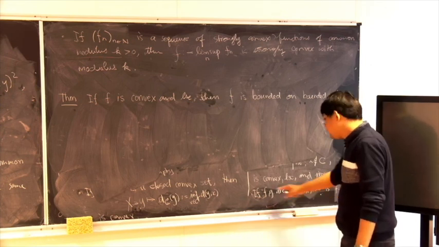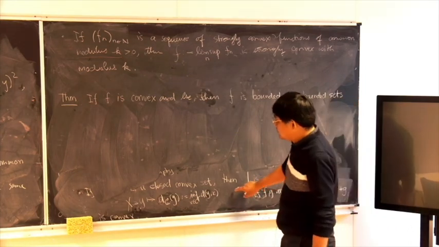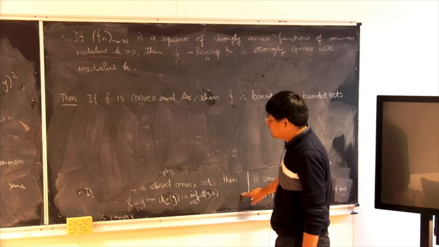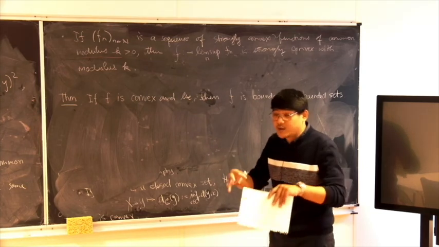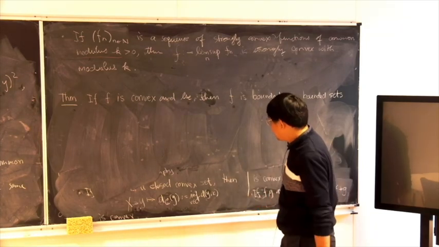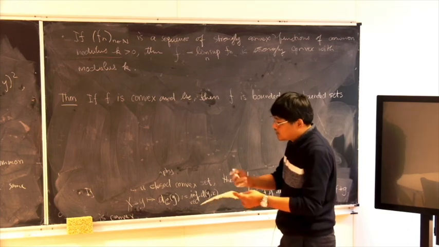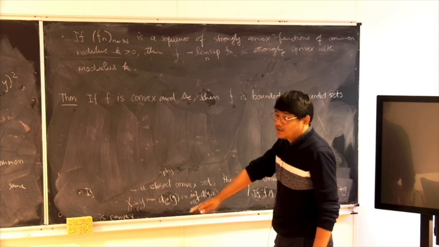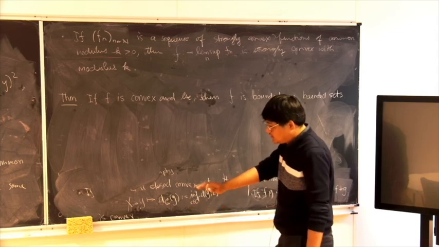Oh, I just realized the statement for a decreasing sequence of closed convex sets: those sets have to be bounded. It's not any sets.